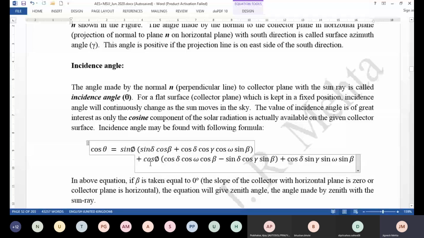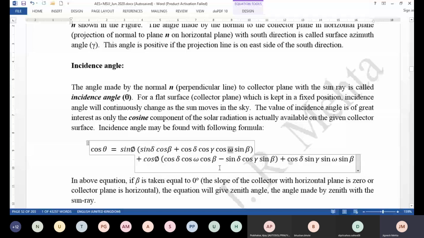You don't have to remember it, but if it is provided and you are required to do the calculation, you should be able to use it, know all these terms, and not make any mistake in the calculation. Phi is the latitude angle, delta is the declination angle, beta the tilt angle, gamma the surface azimuth angle, and omega the hour angle. All these angles are involved.